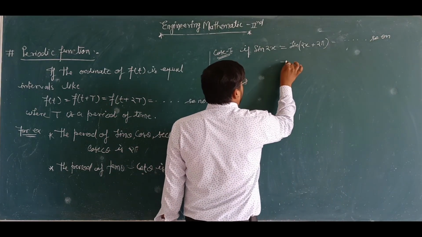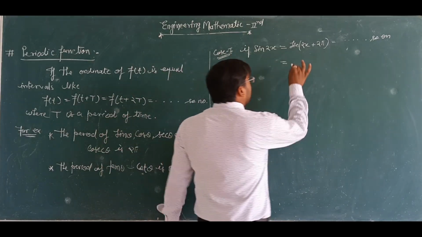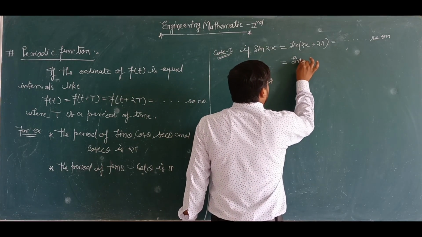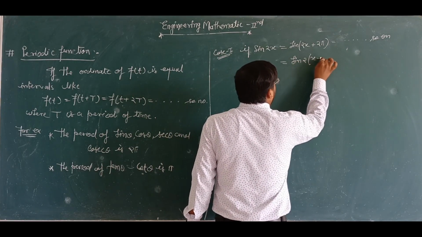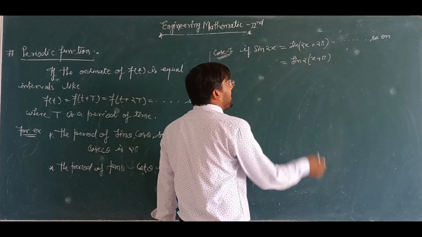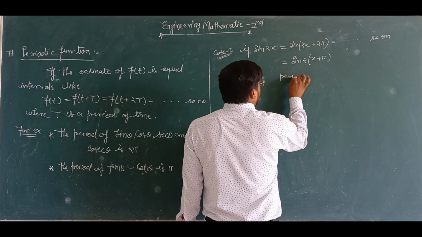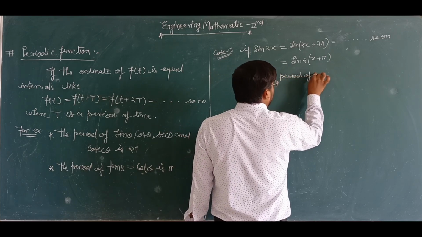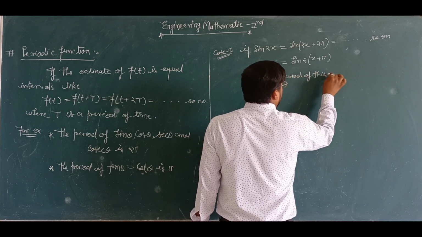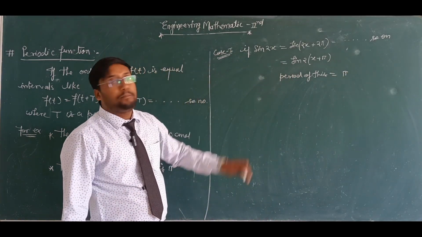You can write the periodic time of sine 2x as sine 2 common, x plus pi. Now you can say the periodic time of this is equal to pi.